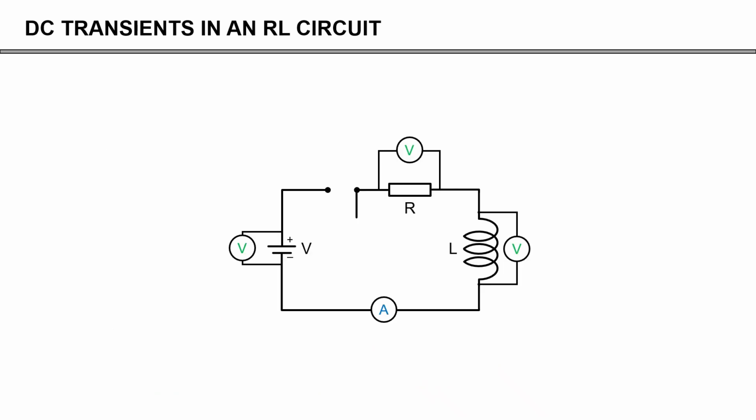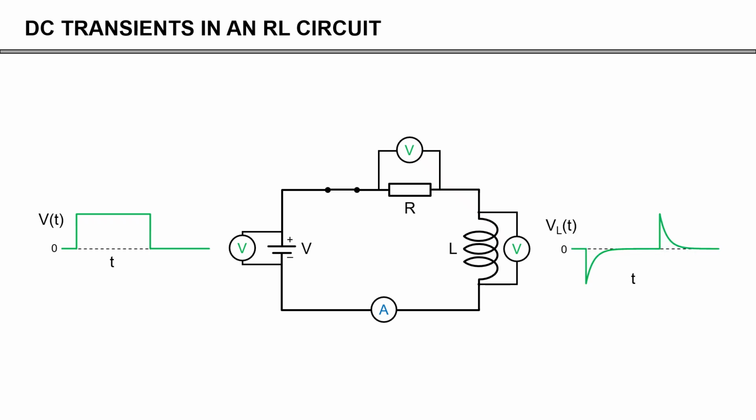So now let's add an inductor to our circuit as shown here. So now we have a resistance, we have our supply, and we have now an inductor. If we now close the loop and we provide this input voltage, what's going to happen is, of course, current is going to run, and then basically you're going to have an induced magnetic field that opposes the flow of current through the wire.